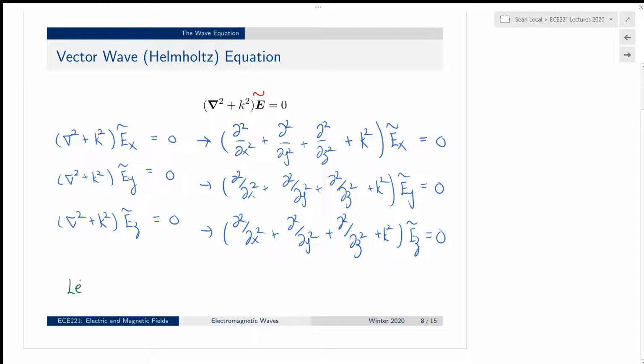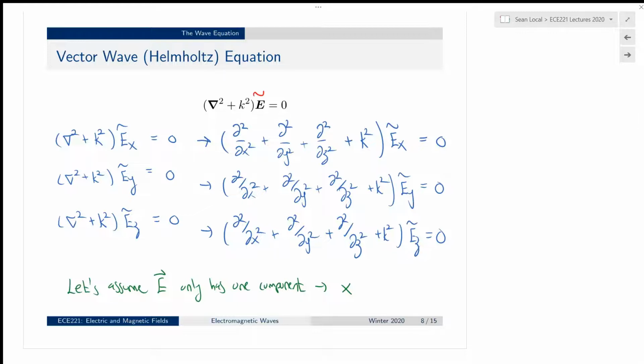The first assumption that we'll make is to assume that the electric field E only has one component. And let's say in this case that it has an X component. So we're going to assume that it doesn't have a Y component or a Z component.